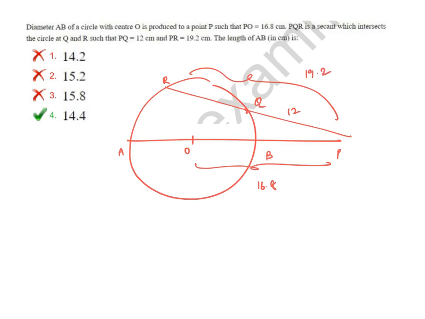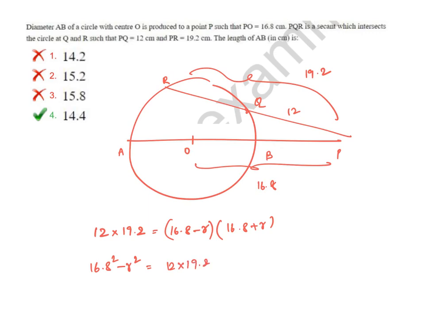We know the formula. 12 into 19.2 is equals to PB, that is 16.8 minus R, into PA, that is 16.8 plus R. So I am getting 16.8 whole square minus R square is equals to 12 into 19.2.